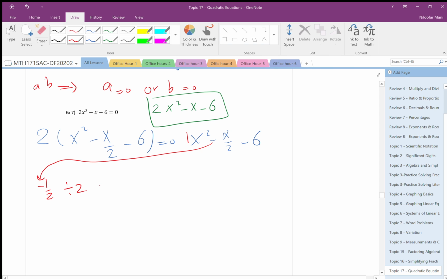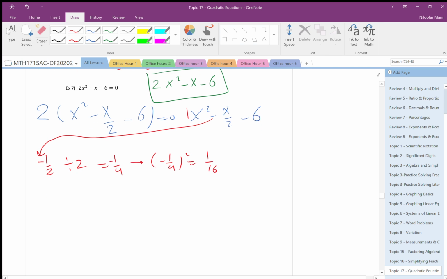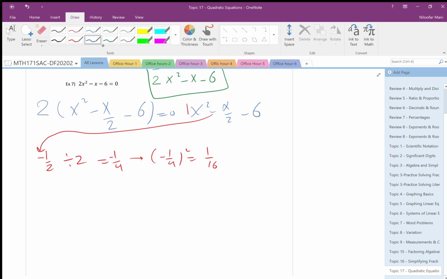I divide by 2, which is minus 1 over 4. Then I square it, which is 1 over 16, and then I add that. Maybe I don't remove 2, because I want you to see it.